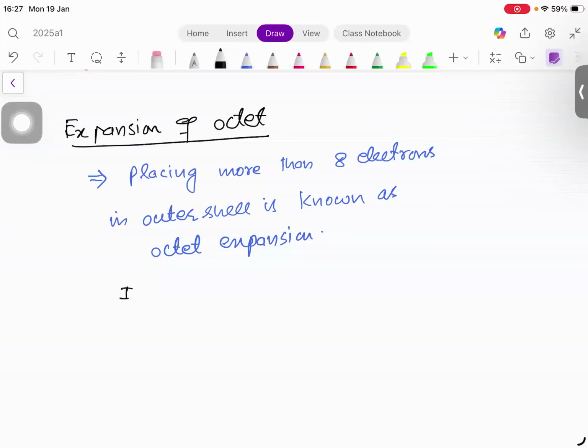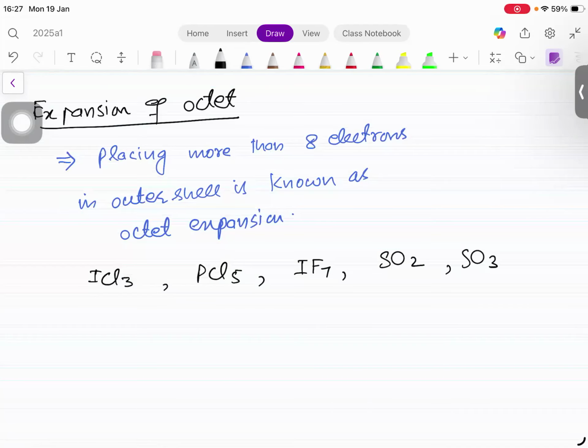Okay, so ICl3, PCl5, IF7, sulfur dioxide, BF5, XeF4.